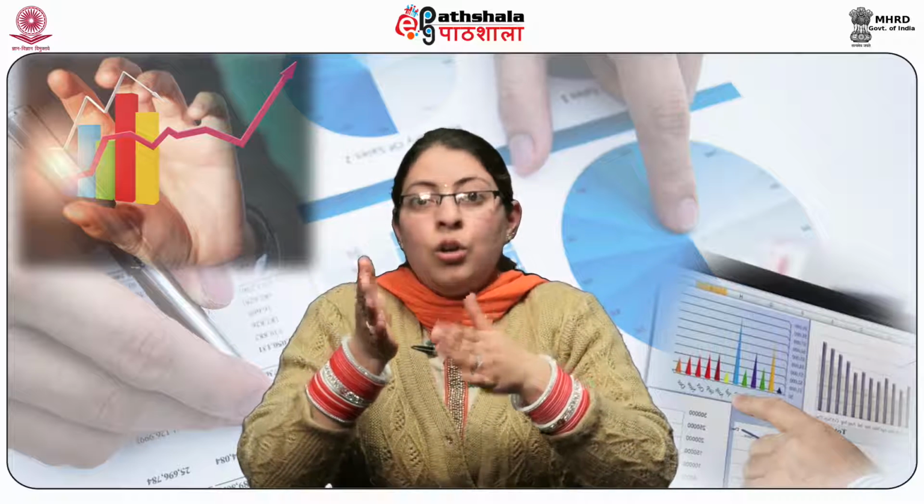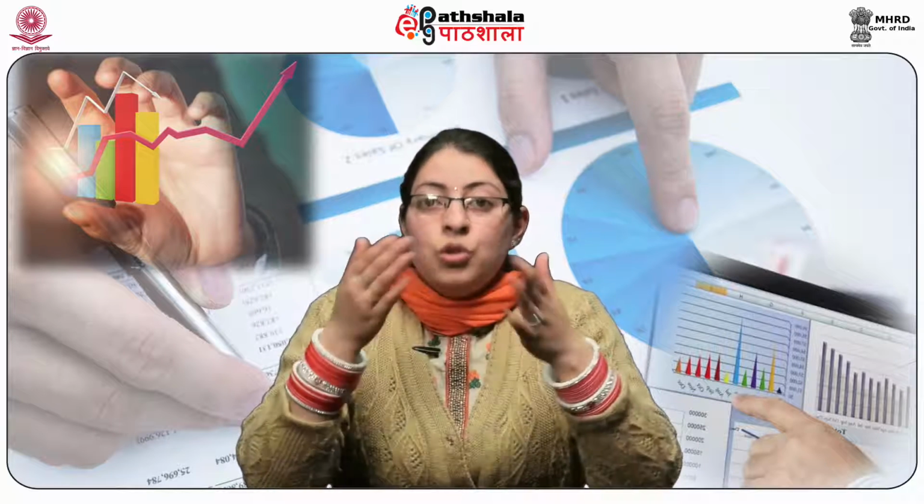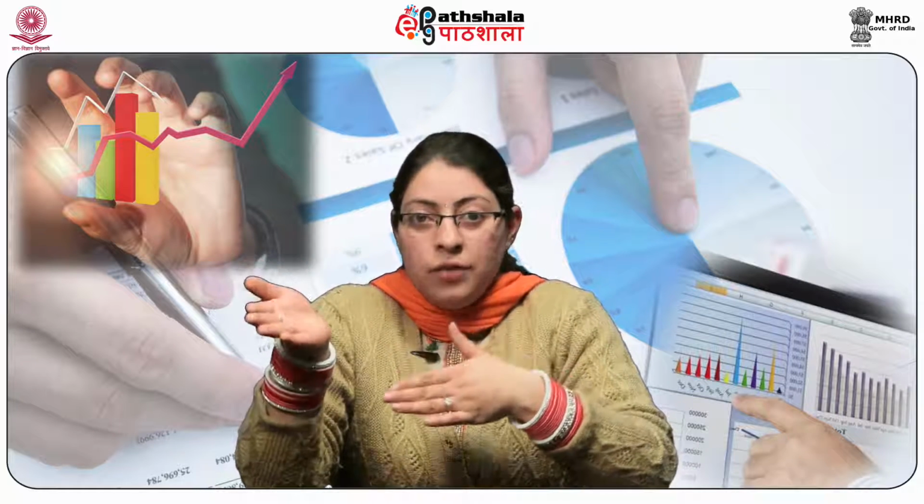Vertical analysis involves the conversion of items appearing in statement columns into terms of percentages of base figures to show the relative significance of the items and to facilitate comparisons.